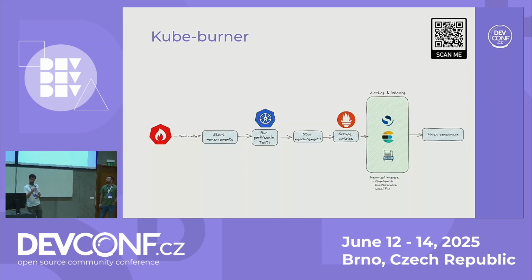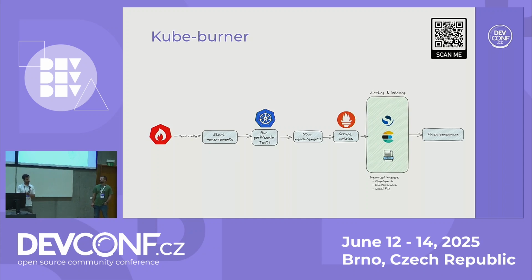So I have created a small schema of how a simple KubeBurner benchmark will work. This first icon represents the KubeBurner binary that basically starts by reading the configuration, which is basically a nicely formatted YAML configuration file.